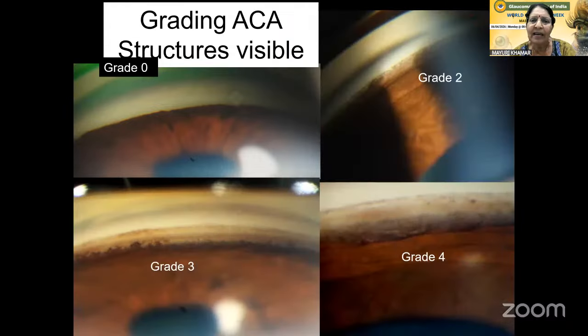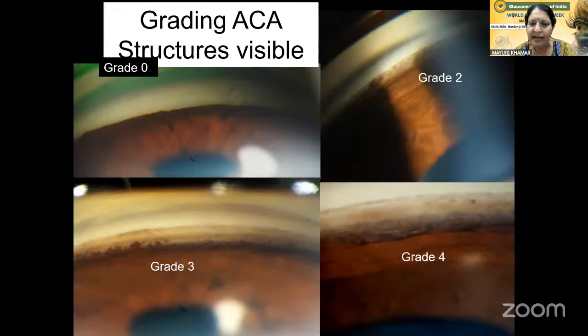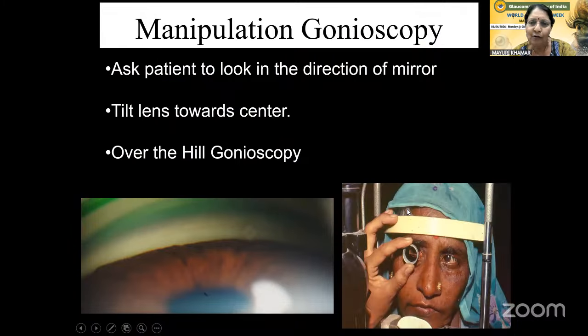So, grading of the angle is decided by which structures are visible. The first photograph shows a grade 0 angle, where the iris is in direct contact with the cornea. Grade 2, where part of the meshwork is seen. In grade 3, you can see the scleral spur. And grade 4, where you can see the angle recess also.